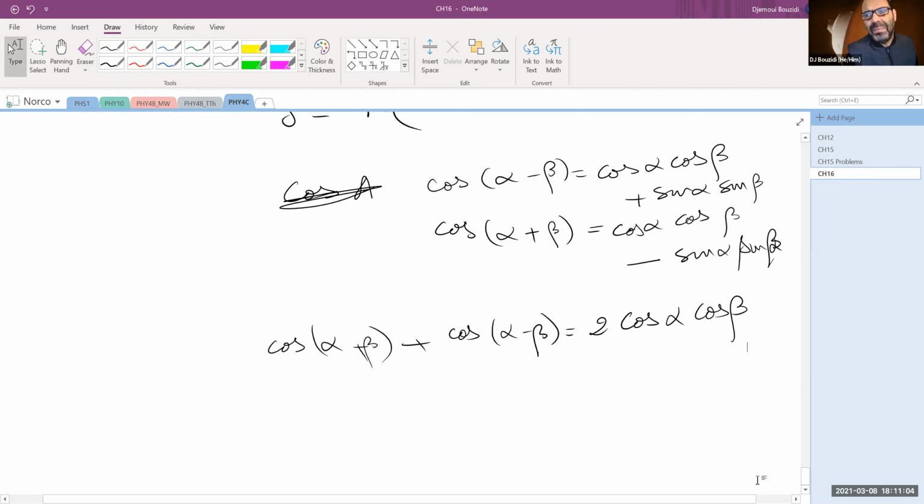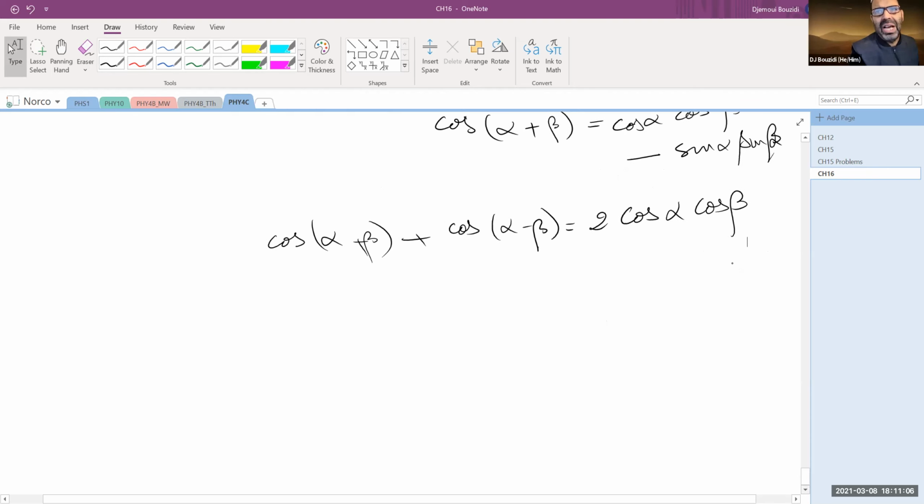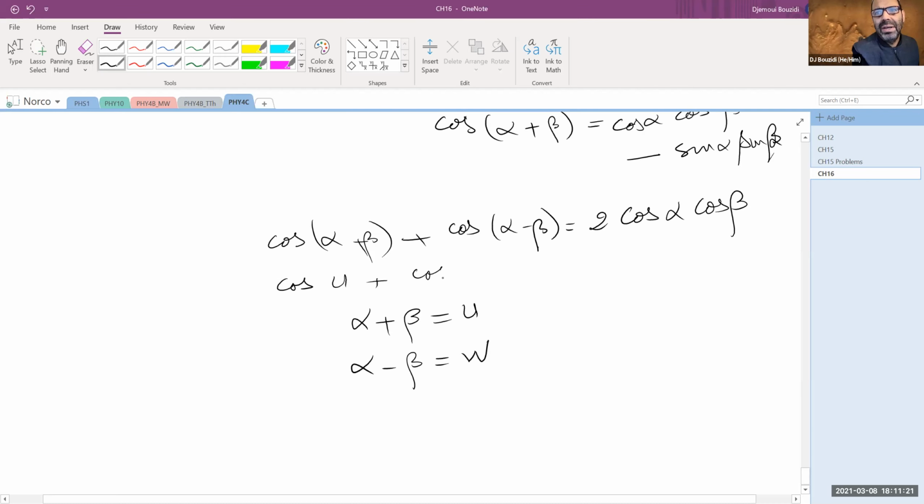Now, if I choose my alpha and beta in such a way that alpha plus beta is u, and alpha minus beta is w, it's clear from this expression that I will have a cosine of u plus a cosine of w. I need to express this one in terms of u and w. From this expression, alpha plus alpha is 2 alpha, beta minus beta is 0, so it's going to be just the sum u plus w.